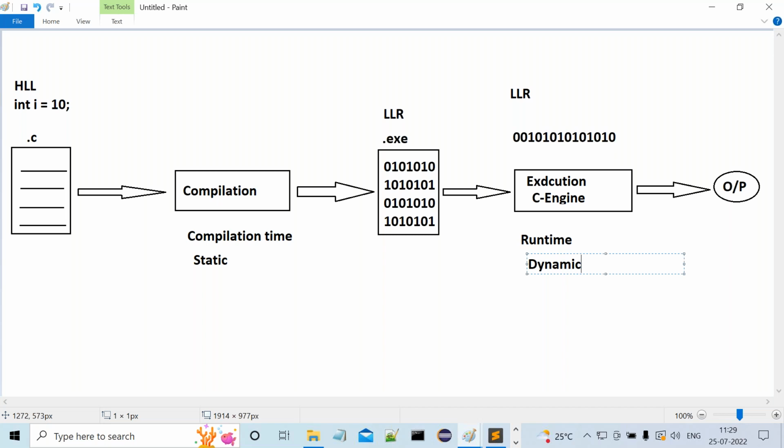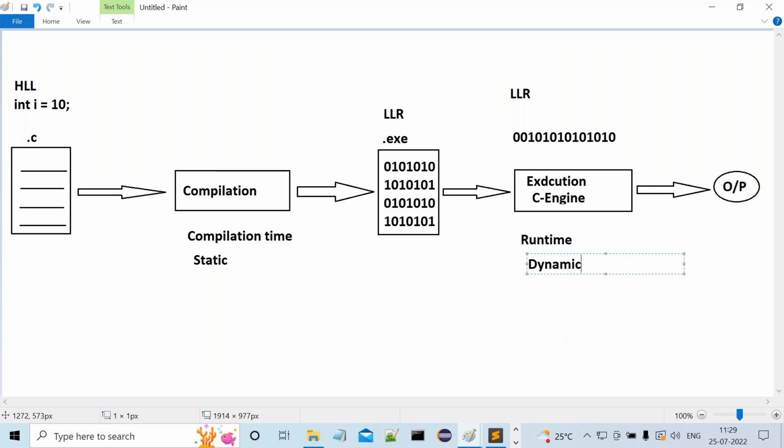Now observe this clearly, all of you. If any programming language allows memory allocation for the primitive data types at compilation time, at static time, that programming language is called what now?